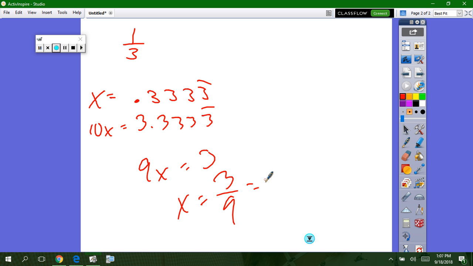Whoa. That's incredible. Have you ever seen that before? This is also the same way you can show that 0.999 repeating is the same thing as 1. Ready for this? How many times do you have to move it? Subtract it. Whoa.